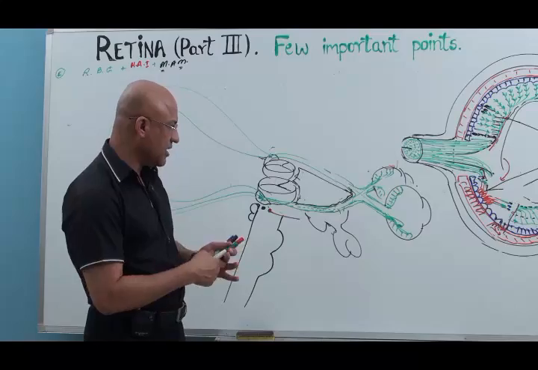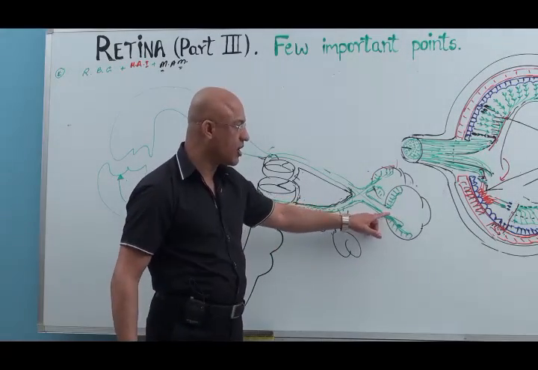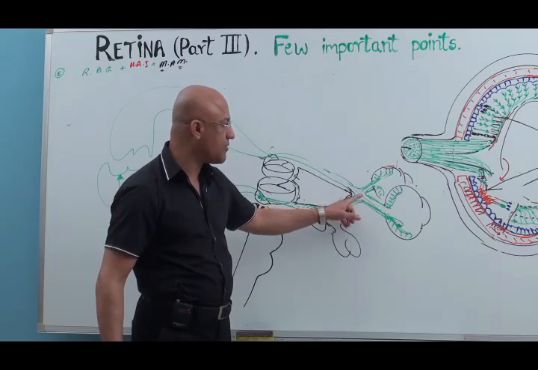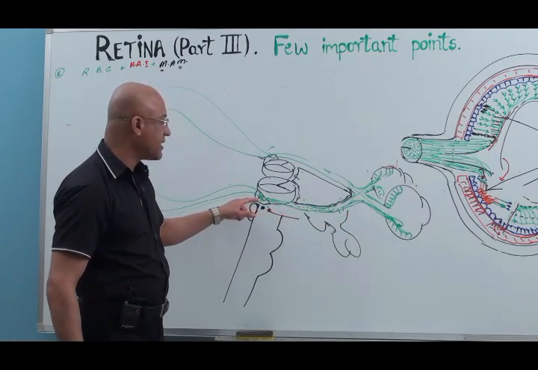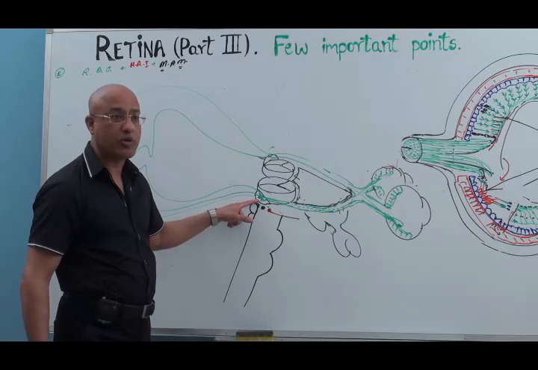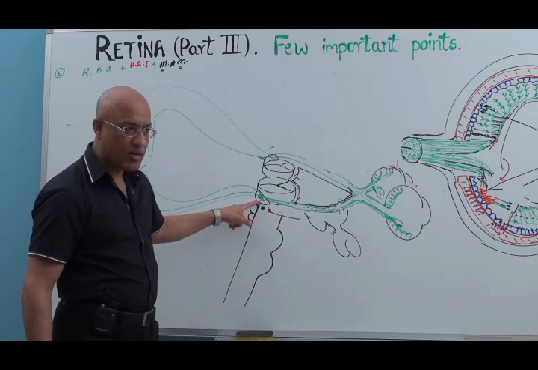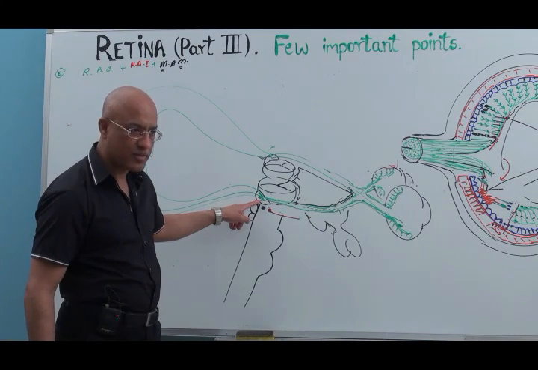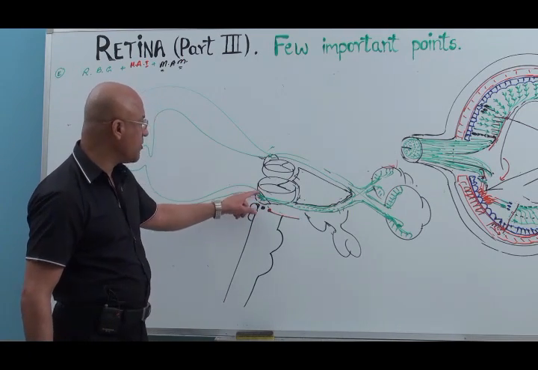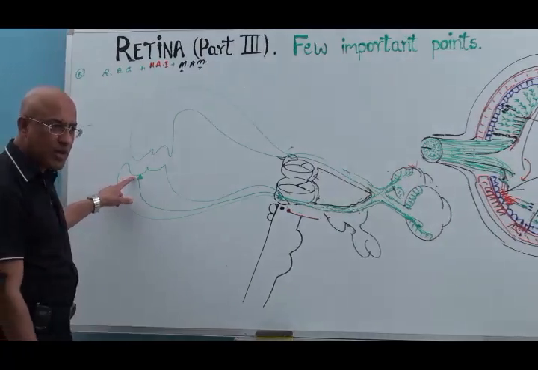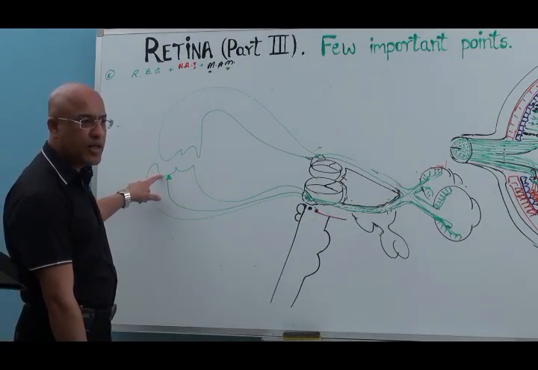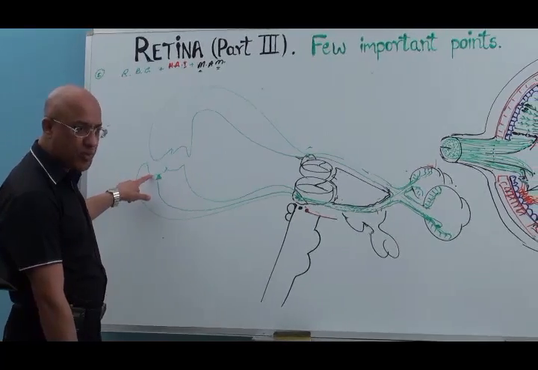Now, the information from ganglion cell central axons goes through the optic nerve, optic chiasma and optic tract, and they terminate at the lateral geniculate body. Almost all doctors know that. All good doctors know this pathway. And then from here, fibers are eventually projected to the visual cortex. There you have the conscious perception of the optical image.